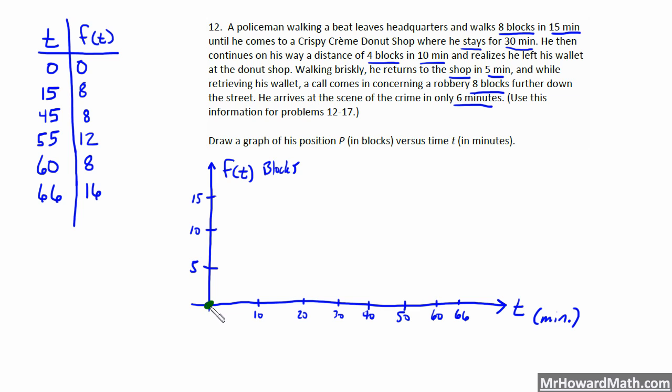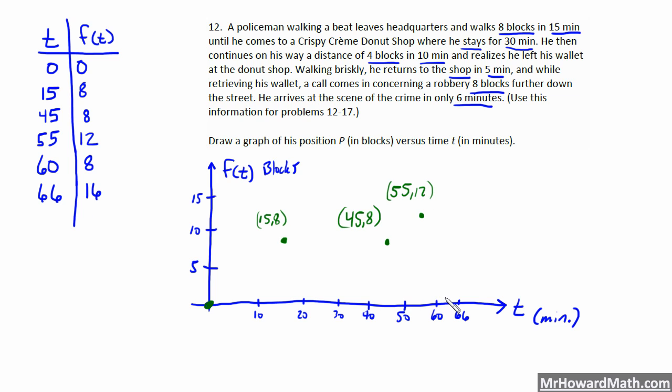So we started at 0, 0 there. 15, 8 would be about right here. The next point is 45, 8, so it's just straight across here. Alright, and then it's 55, 12.